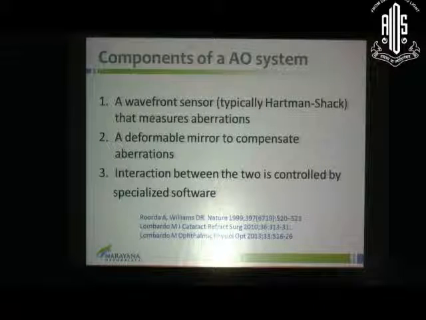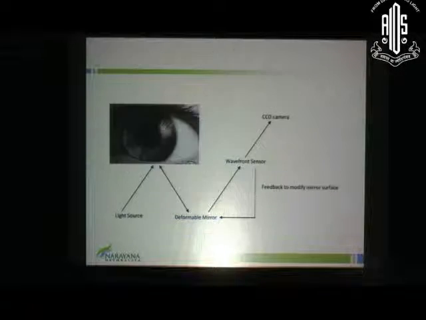It essentially has a wavefront sensor, which is typically a Hartmann-Shack, which measures the aberrations. Then there's a deformable mirror, which has multiple small mirrors in it, which compensate for these aberrations. The interaction between the two is controlled by specialized software.